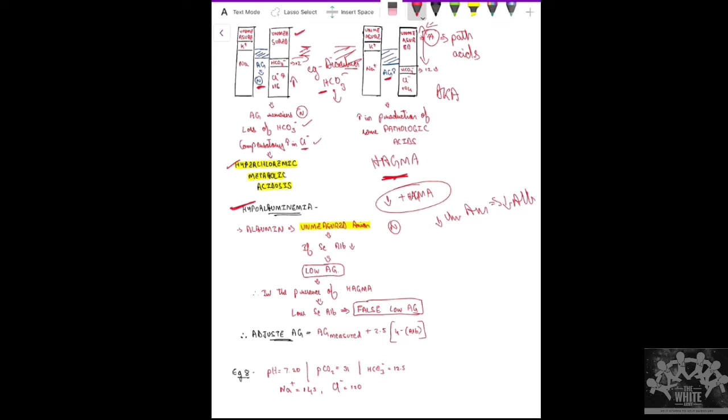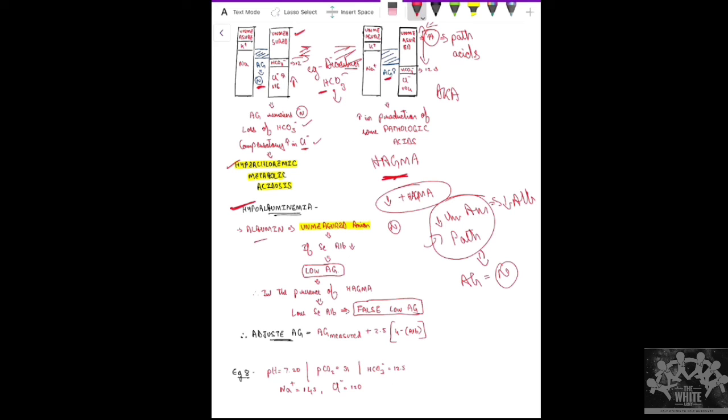But after this, some amount of pathologic acids get added. So as a whole, what happens? The anion gap will become normal, because initially there was a decrease in unmeasured anions because of the decrease in albumin.